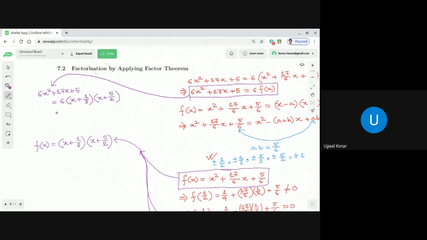So that you can simplify further, and you will get something like this: (3x + 1)(2x + 5).